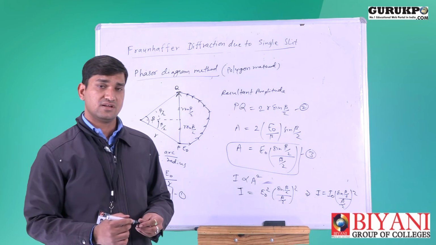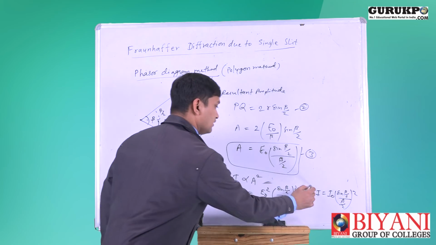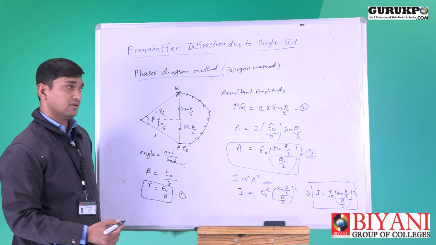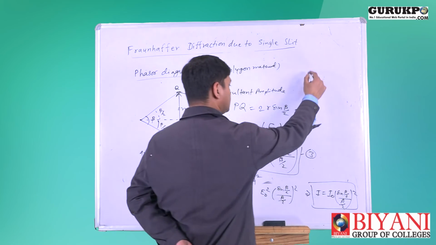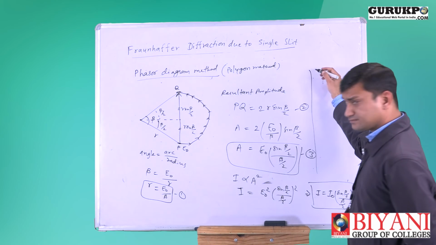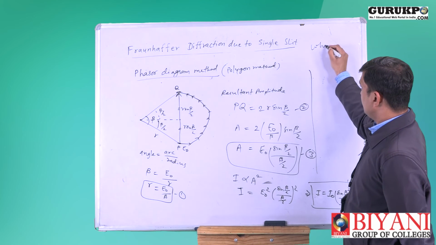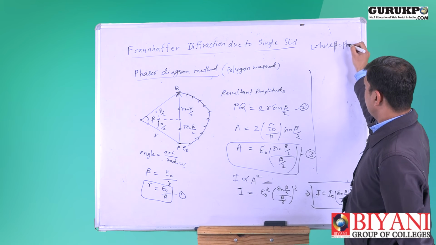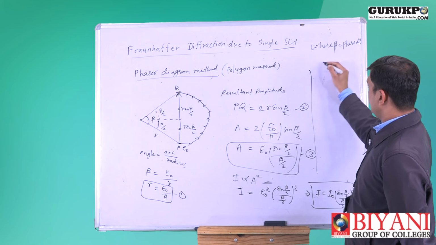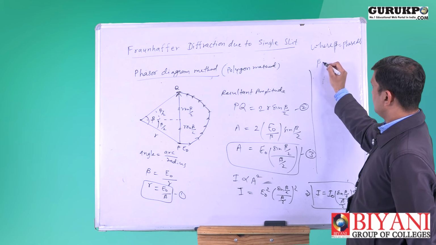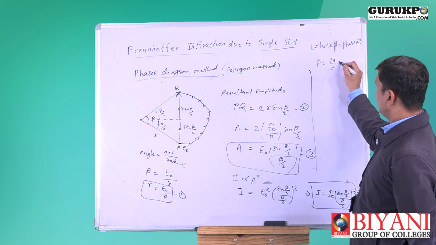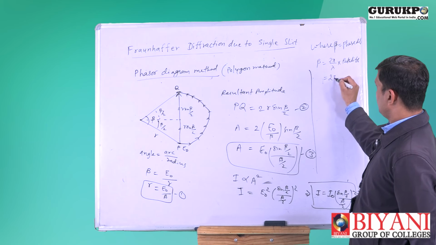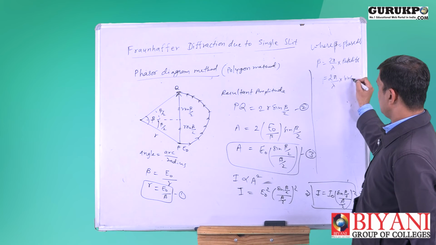So this is the resultant intensity, where beta is the phase difference, calculated by beta equals 2 pi by lambda into path difference, that is 2 pi by lambda into a sin theta.